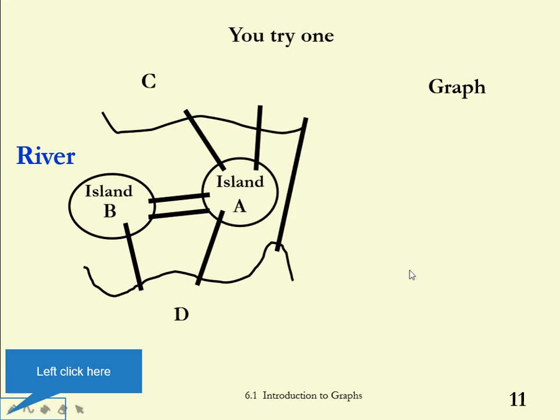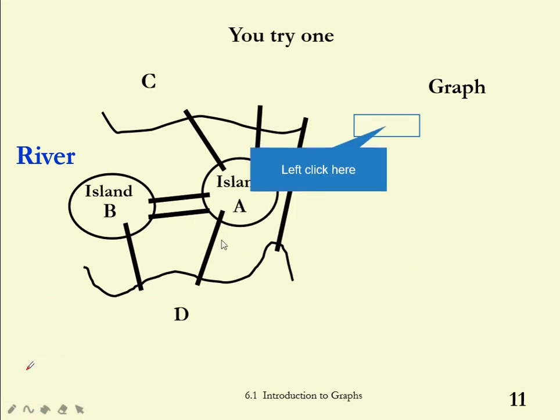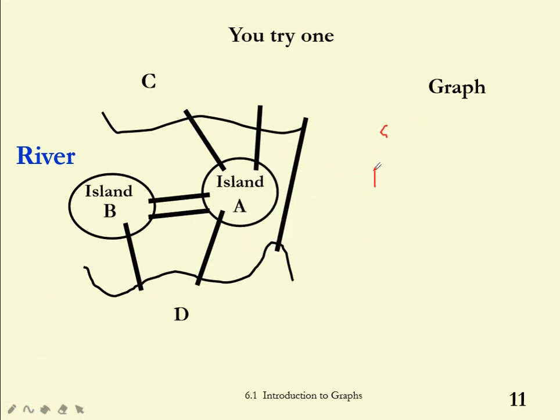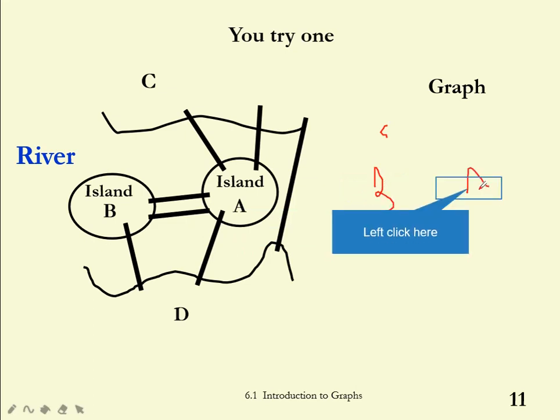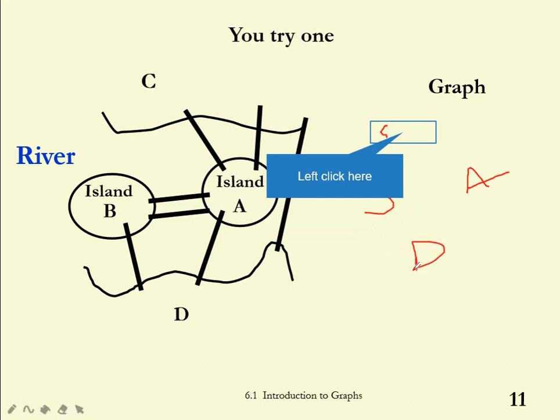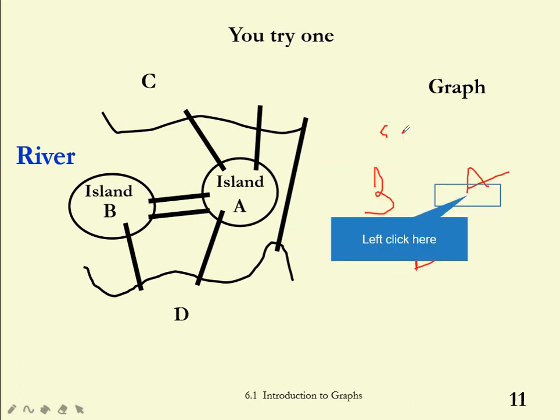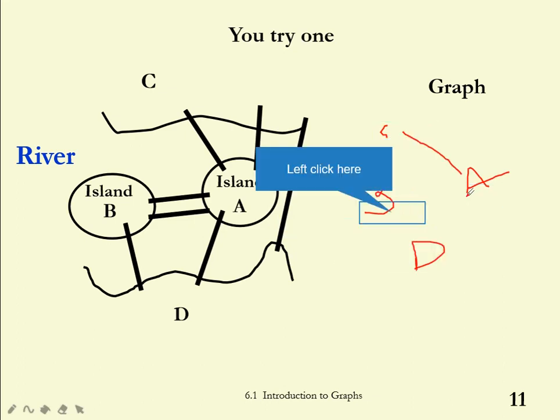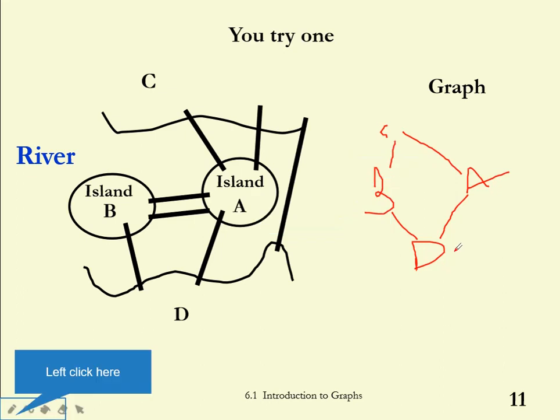Represent it as C, A, B, D. Write C here, then represent B, then write A here, then go to D and try to connect them. Now see where they are connected. Do this, please pause and do it.